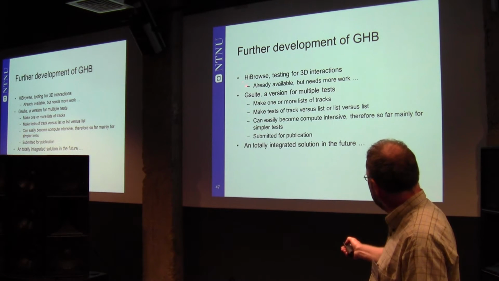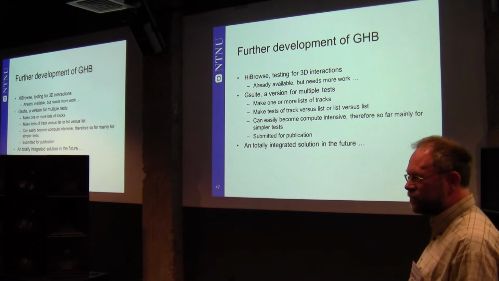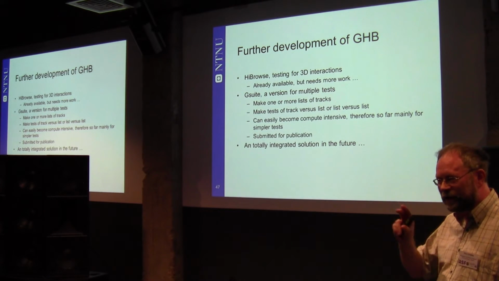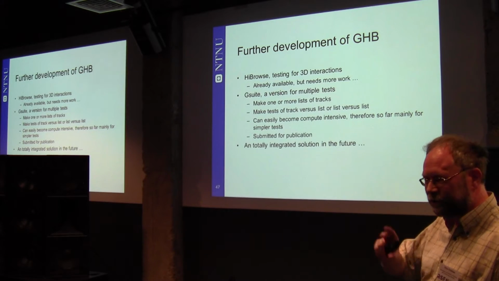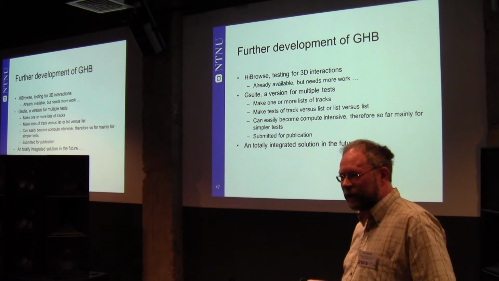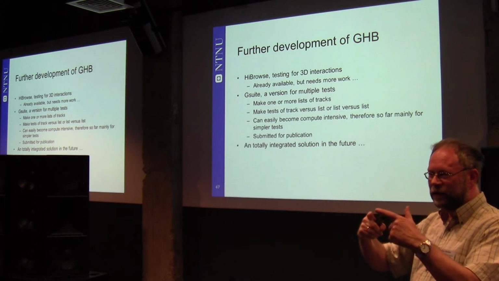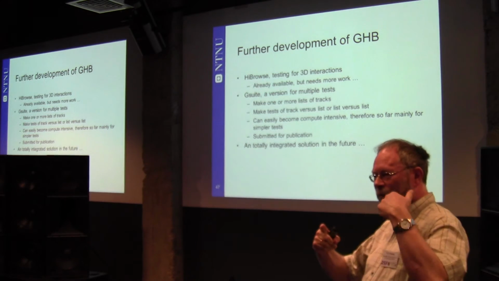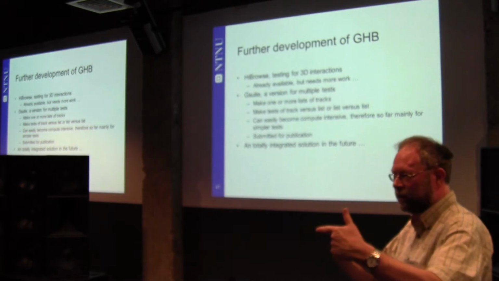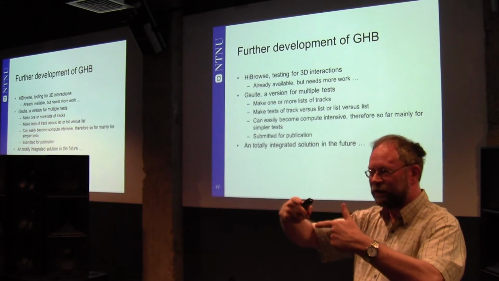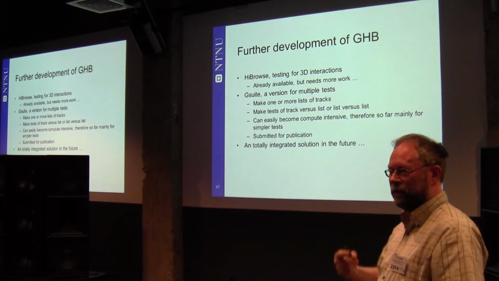We already have developed something known as HyperBrowse, which can do the same type of tests, but for 3D interactions in the chromatin. So you can take the folding of the genome into account and see how often, for example, a given transcription factor is close to an enhancer region in the folded chromatin.